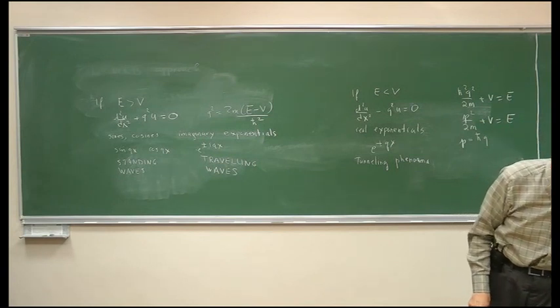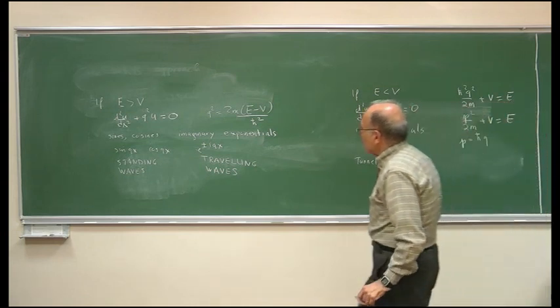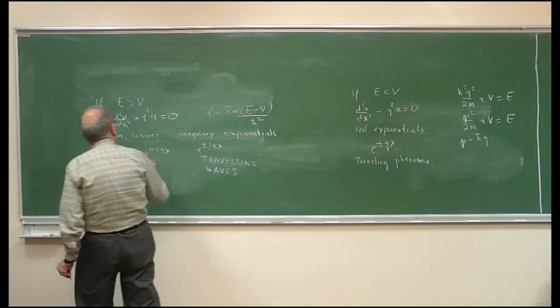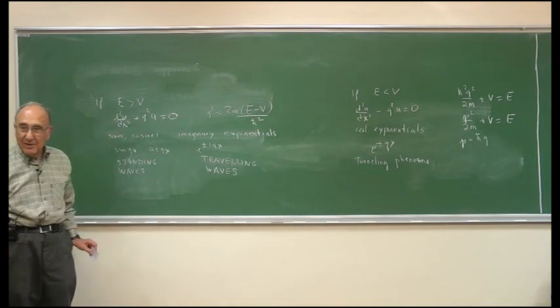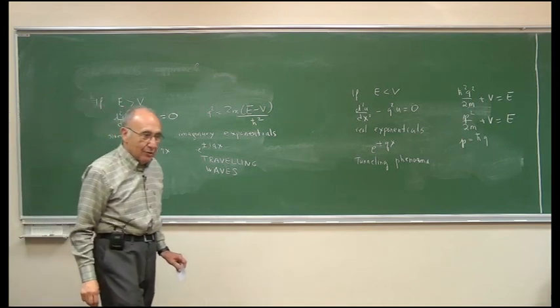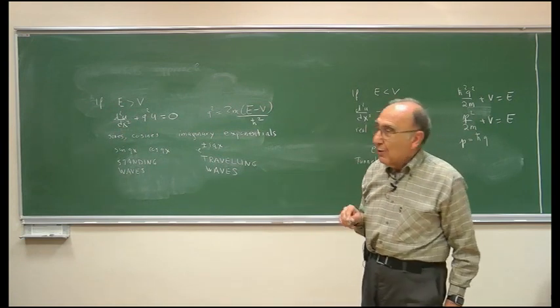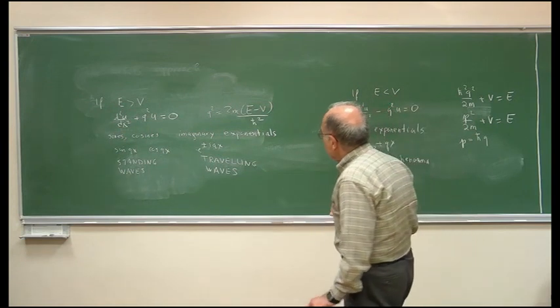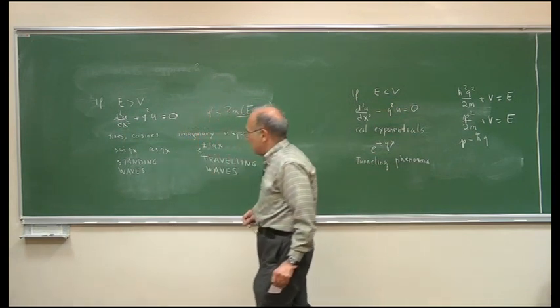Up to now, we see that if the potential were constant, the solution of this problem is rather simple. Of course, there are two complications. One of them is, what if the potential is not constant?